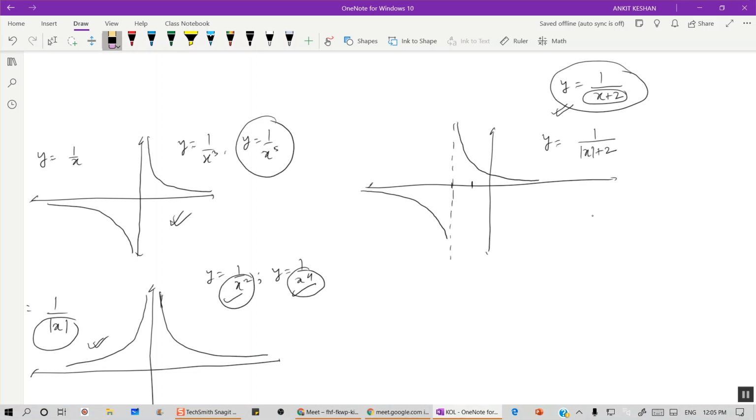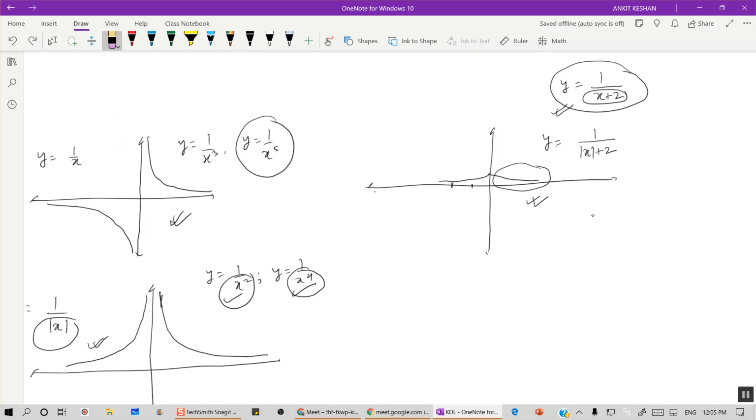Let me show you. This entire left thing will be wiped off, and this will be like this only. Right side will be retained, left side will be wiped off, and the mirror image of the right side will be drawn on the left side.